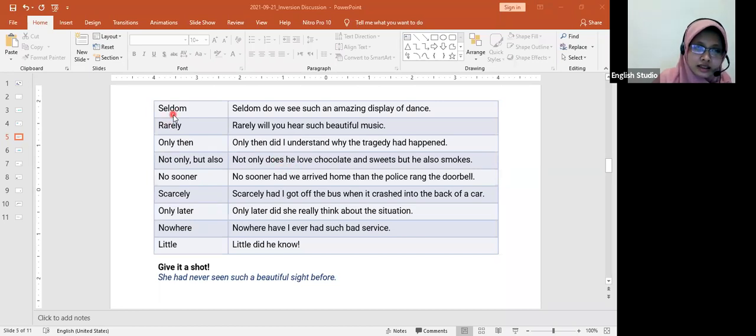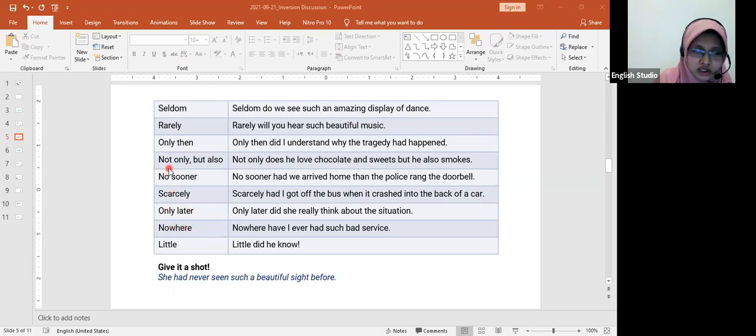Okay, and then for negative adverbs, for example, seldom do we see such an amazing display of dance. There are also some adverb phrases that maybe you find uncommon, like only later, nowhere.